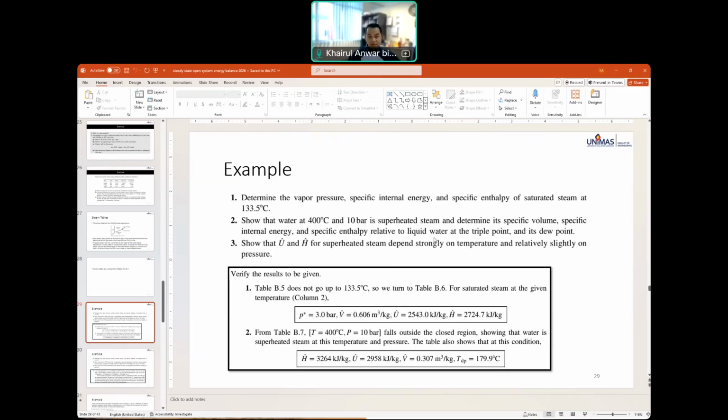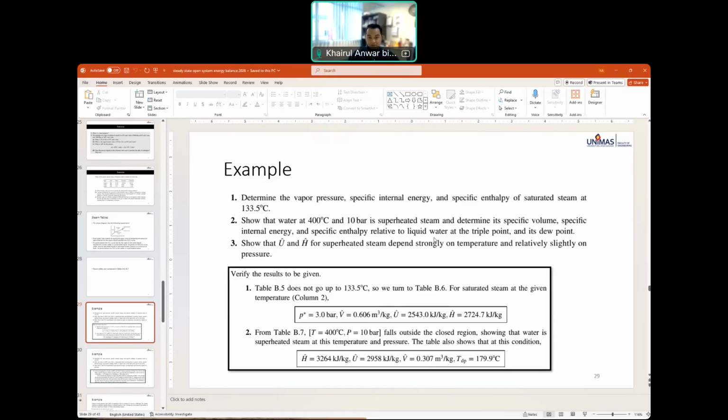Show that water at 400 degrees C and 10 bar is superheated steam and determine its specific volume, specific internal energy, and specific enthalpy relative to liquid water at the triple point. So since it's asking about superheated steam, we will directly go to table B7.